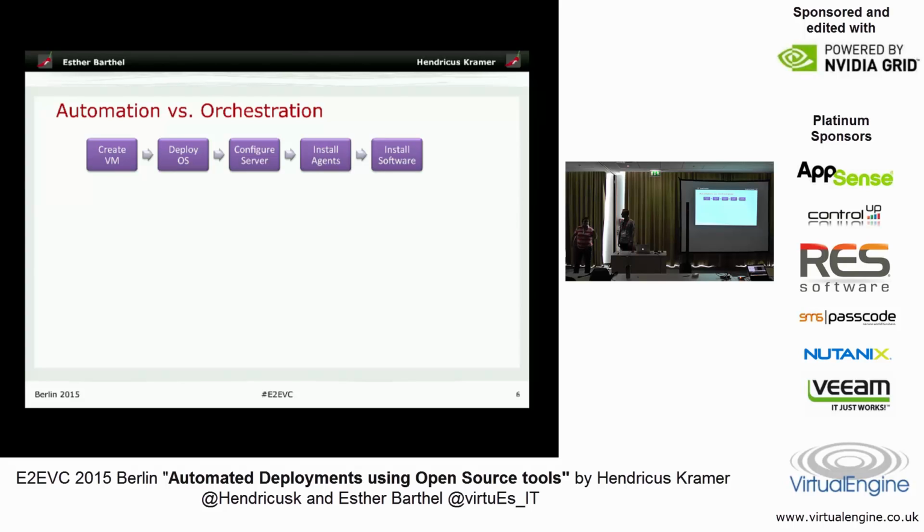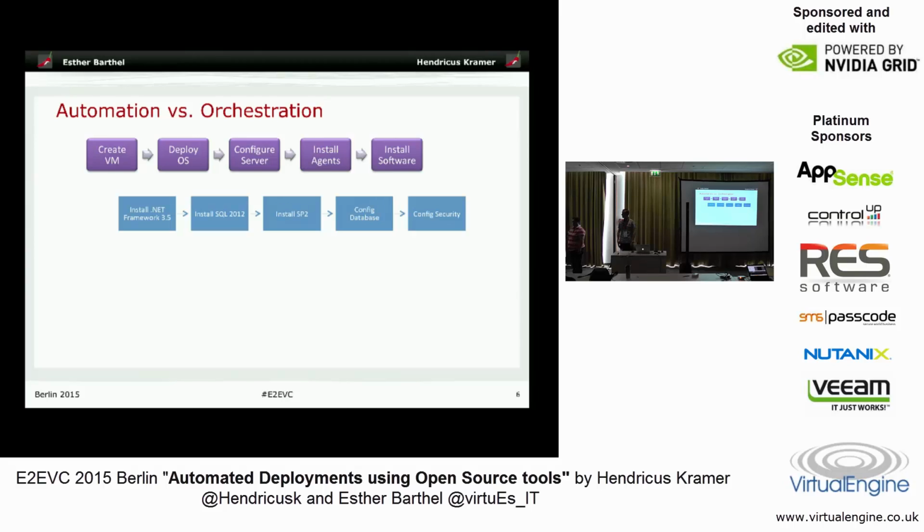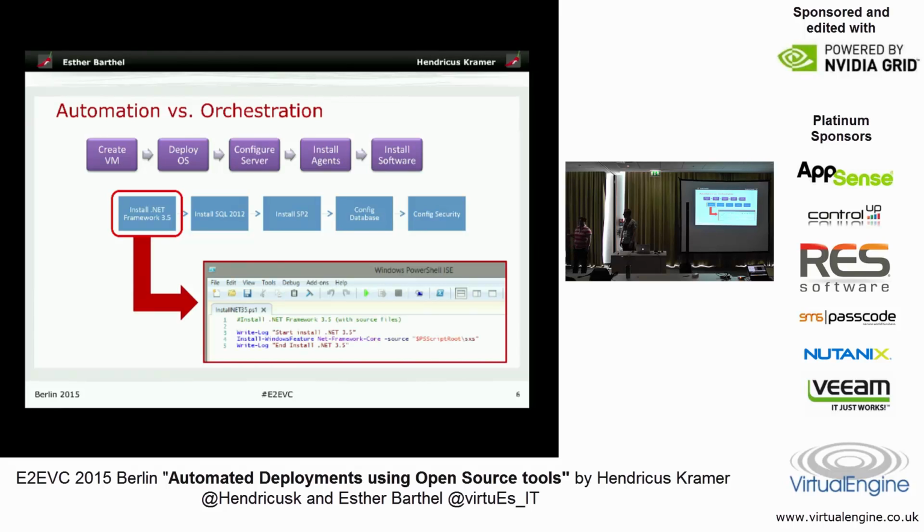And to put it in a different view, if we are talking about a workflow, for me, orchestration will define the entire workflow, showing us all the different tasks that we have to perform to deploy a system and to ensure all the required software is installed, where automation just focuses on one task in that entire workflow at a time and describes or implements an automated way of performing that task.